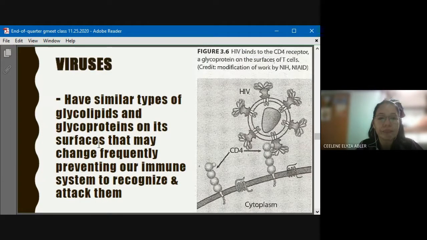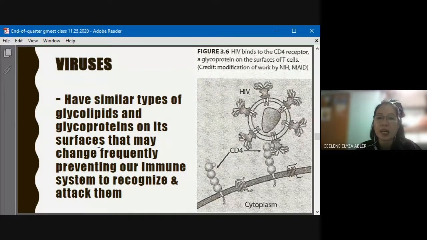Okay? So, the same thing, your viruses actually uses glycolipids and glycoproteins, your glycocalyx. So, ginagamit yan nila on their cell surfaces to prevent our immune system to recognize and attack them. So, kaya may link ako kanina for HIV.